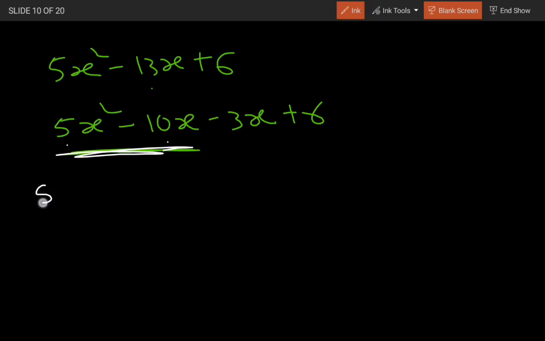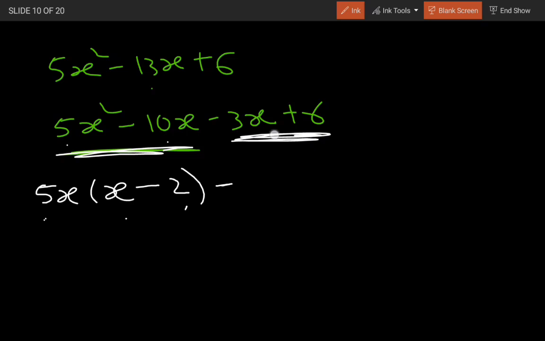Okay. This is how we convert it. Next. So now we were given minus 15x square plus 3x plus 12. So from this equation, let's take 3 as a common one. We will get minus 5x square plus x plus 4. Okay.